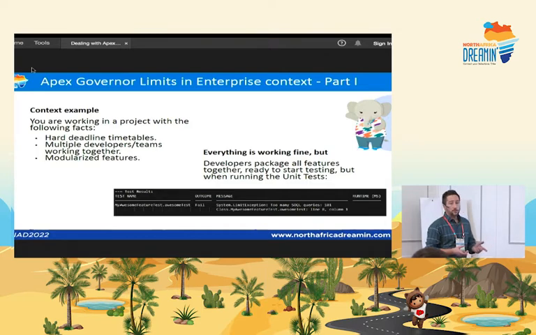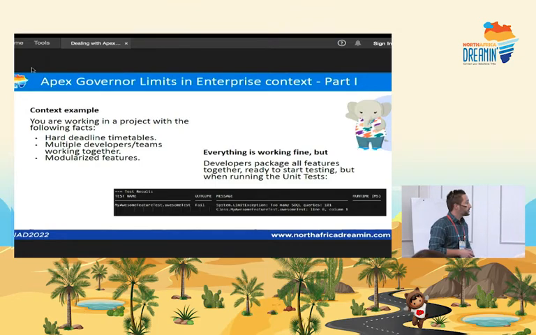Everything is working fine, but when developers start to package all the features together to start the release process, when the unit tests are running, you receive the error you can see in the screenshot, the typical one in Salesforce: the System LimitException, too many SOQL queries.